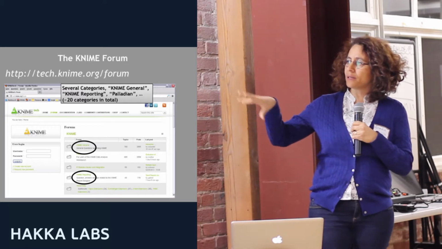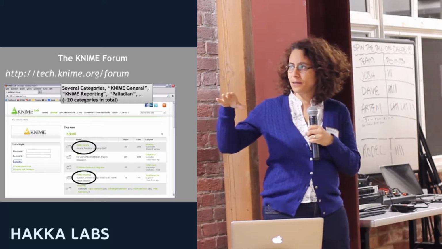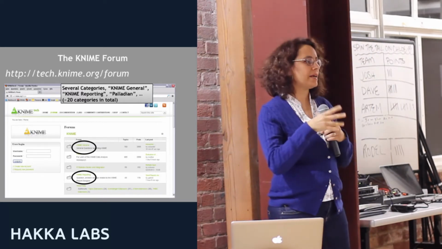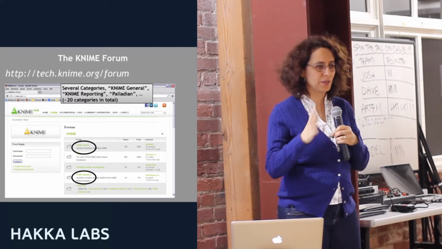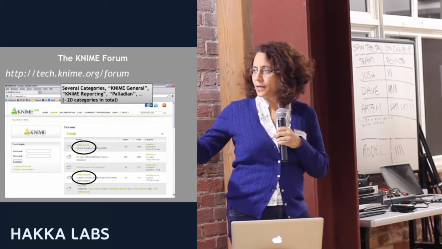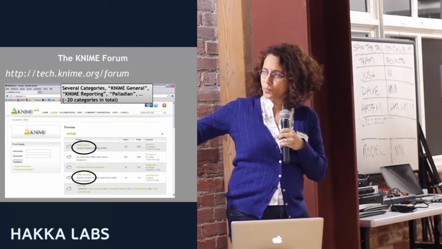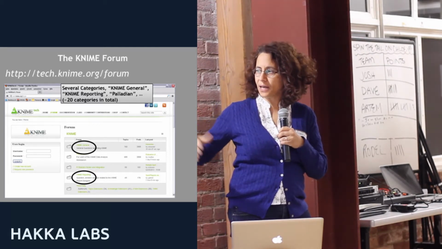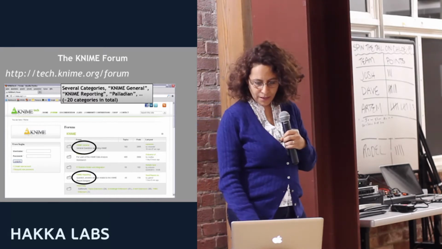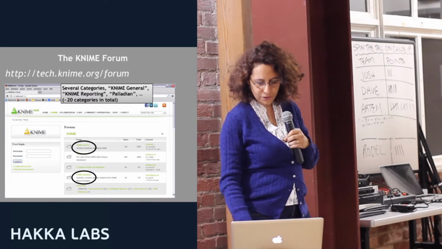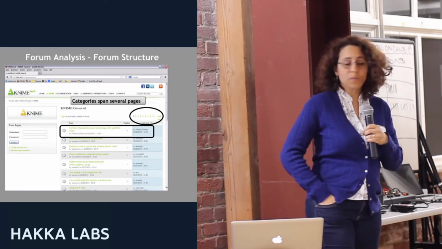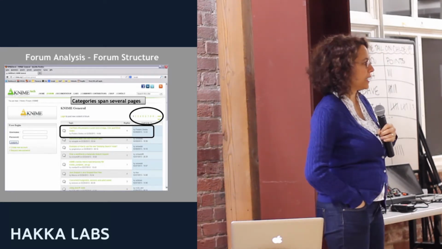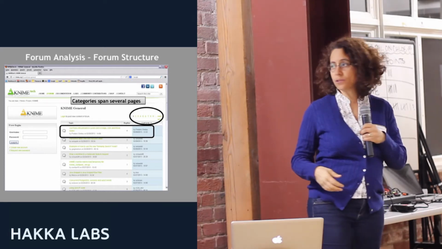The KNIME forum has many categories, more or less 20, but there are 3 categories that are very, very big: the KNIME General, the KNIME Users, and I don't remember the third one. Here you see the first page when you access the KNIME forum, and those are the categories that you can see. Categories can span several pages, especially the categories with a lot of posts.